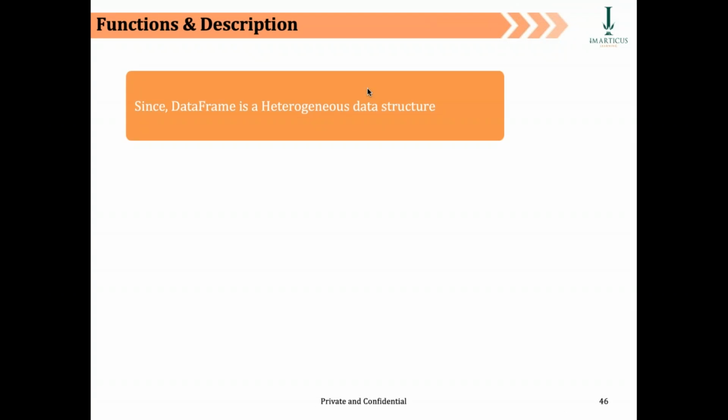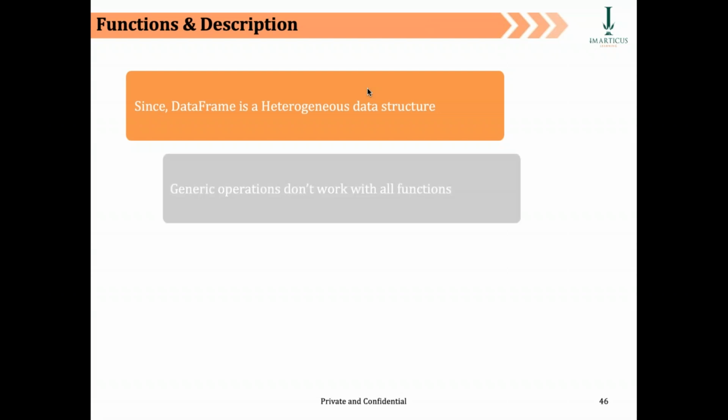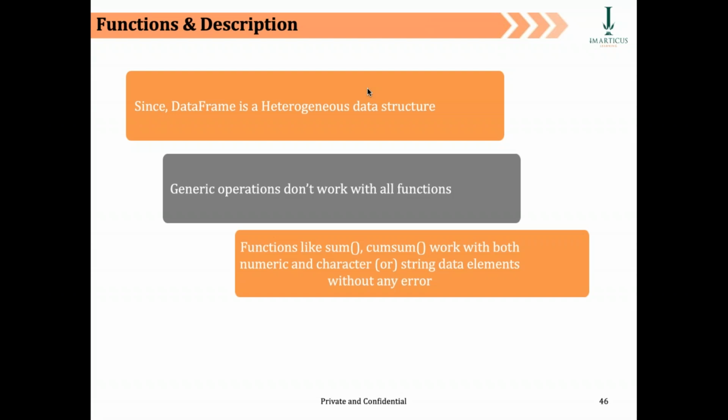Now, what are the functions and descriptions? Since a data frame is a heterogeneous data structure, the generic operations do not work with all the functions. Functions like sum and cumulative sum work with both numeric and character or string data elements without any error.